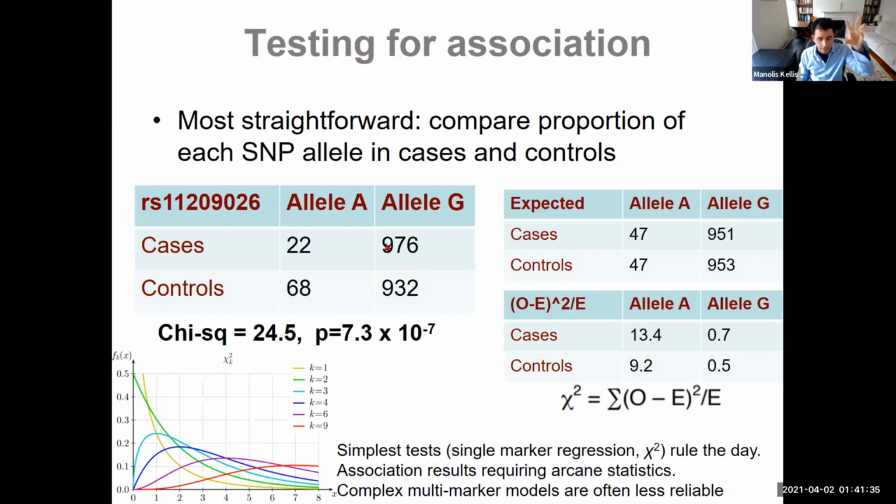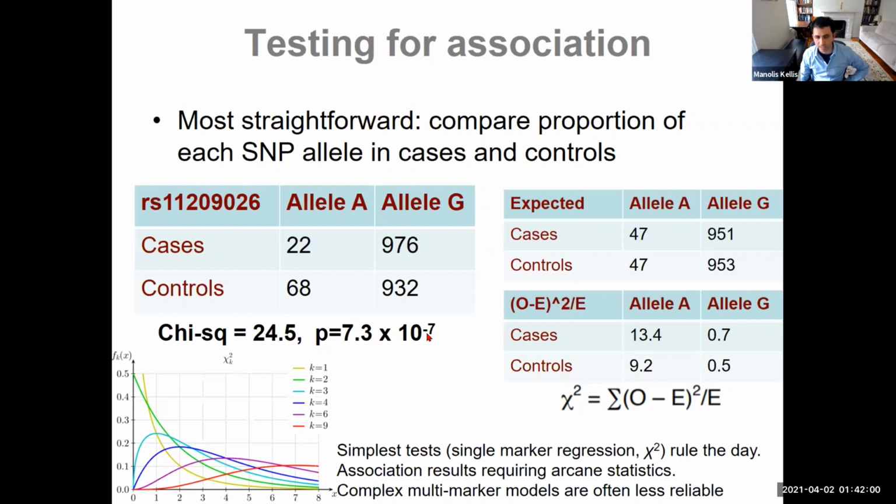Basically, this is a very, very simple chi-square test that simply asks, is there deviation from what I would expect if there was no effect of that SNP on the phenotype? And if there is an effect, that basically means that the probability with which I would expect to see that distribution by chance is very small. And that's what the p-value is telling us.